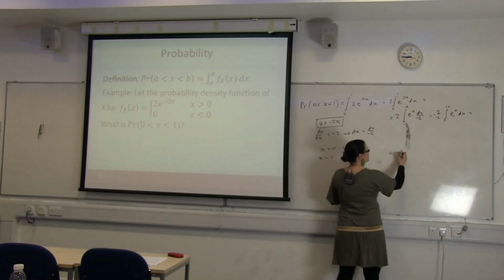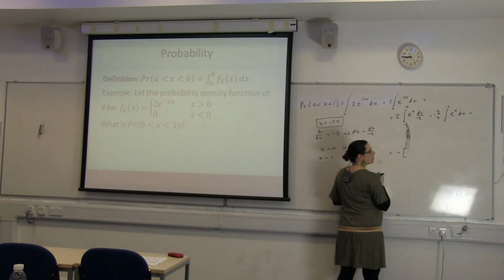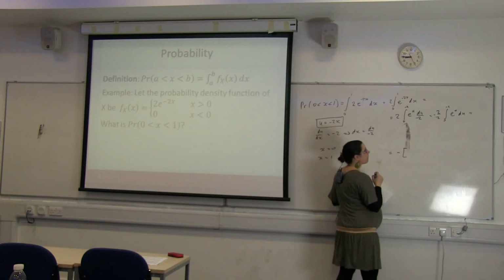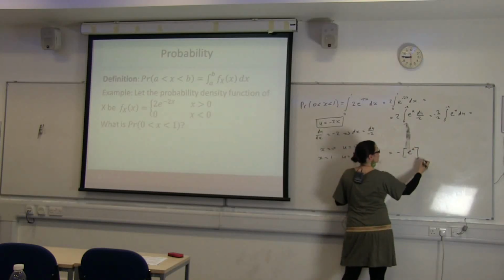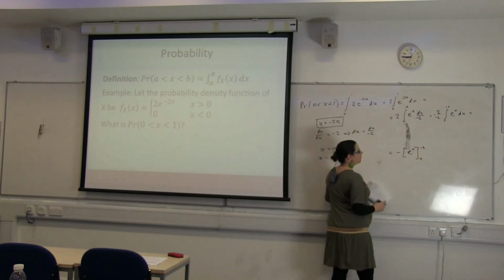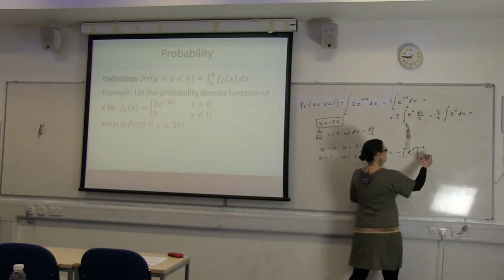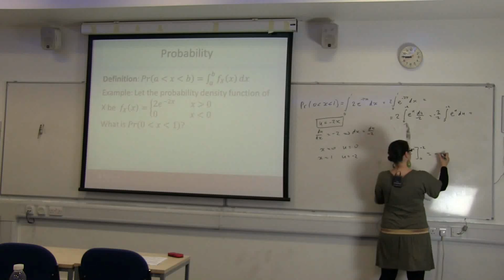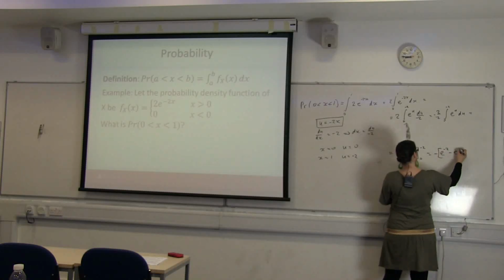So it's minus e to the u, the integral of e to the u is e to the u. Minus 2 over 2 is just minus 1. So I've got minus e to the minus 2, take away e to the 0.